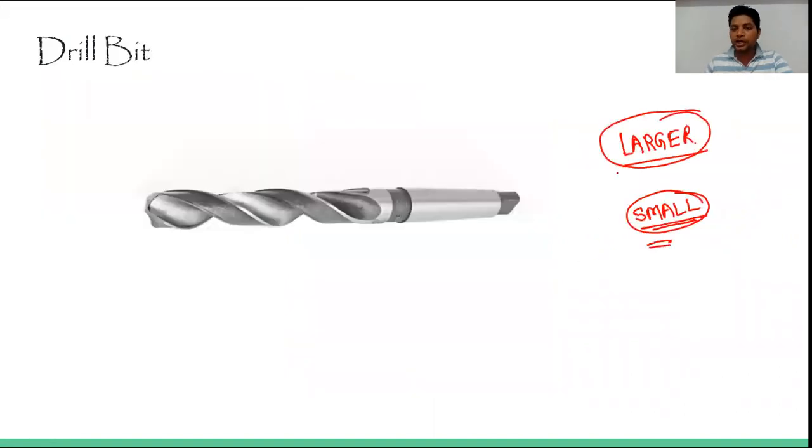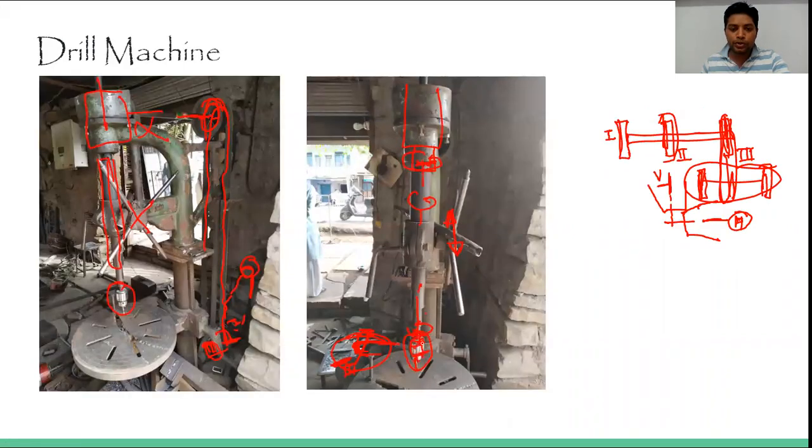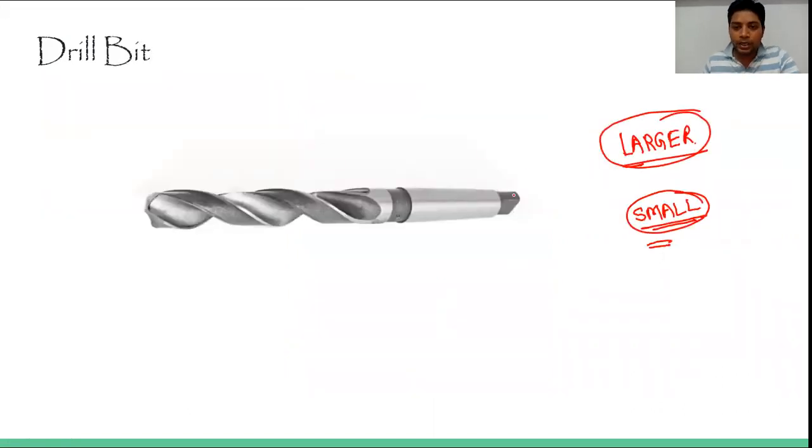Now we are talking about the larger one. For the larger one, there is no need to use this; we can directly insert it inside this one. So when this part rotates, that will also rotate. Now, what are the names of the parts of this drill bit, how do we classify it?